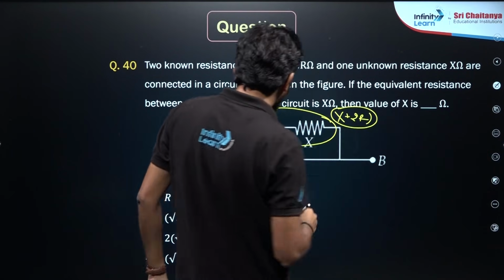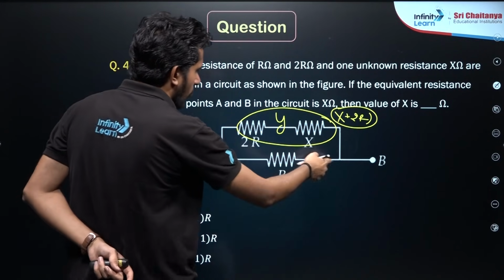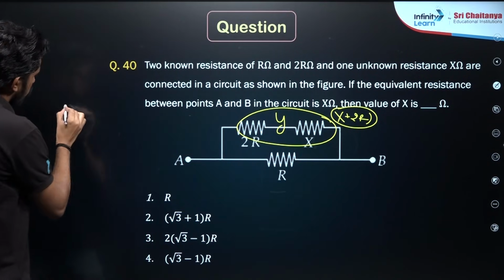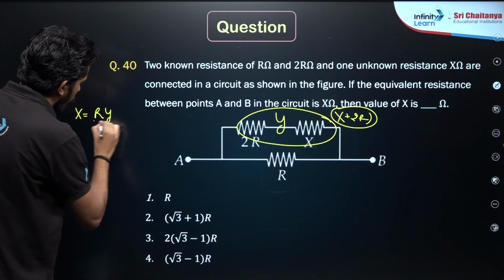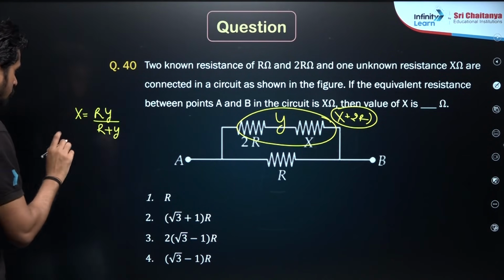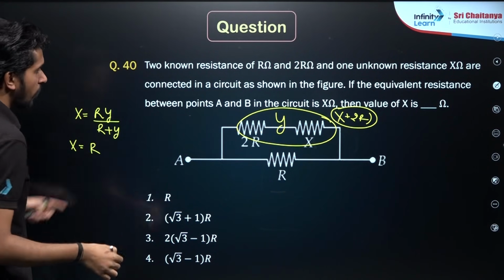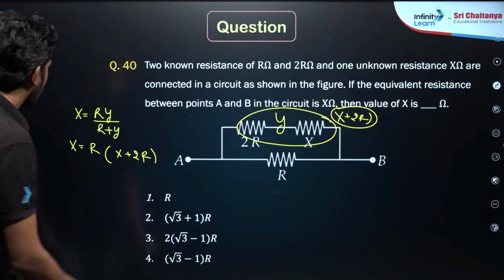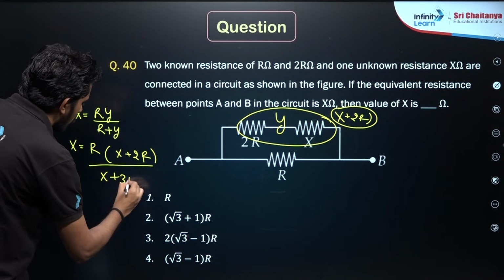Let's call it Y. And the equivalent resistance AB is given as X. So X equals the parallel combination, R Y upon R plus Y. So X equals R, but Y is X plus 2R, upon R plus Y, R plus X plus 2R, so X plus 3R.